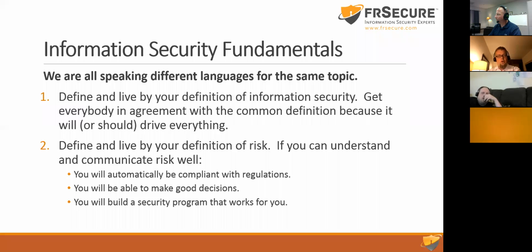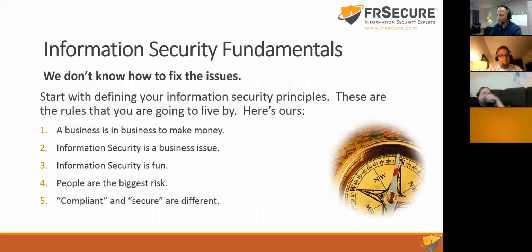And I can make a good risk-based case for why I don't have that control, I'm probably going to be okay. At least if the examiner or the regulator understands security and understands risk, which might be another opportunity. You'll be able to make good decisions and build a security program that works for you.